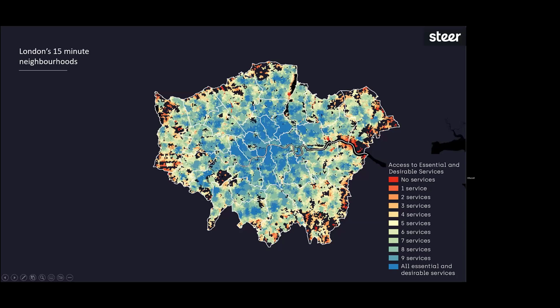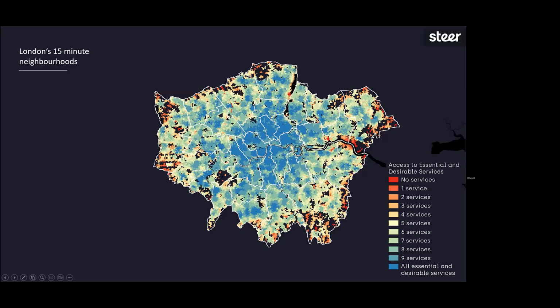But we can also see some natural severances going on here, with the River Thames causing some accessibility issues, big green spaces causing some local accessibility issues, and some transport severances in other places, which we can look at in a minute.